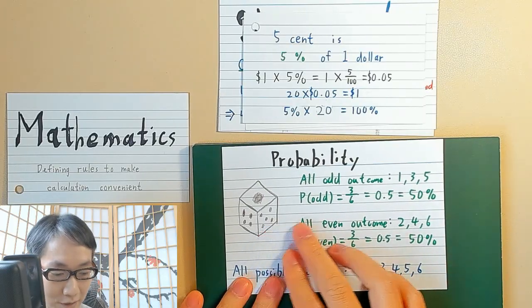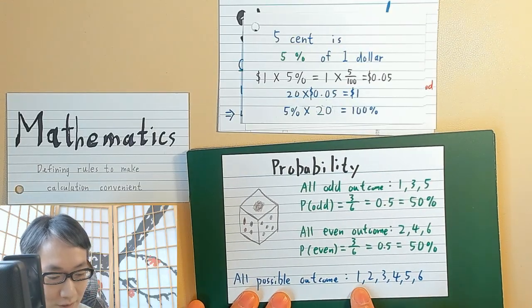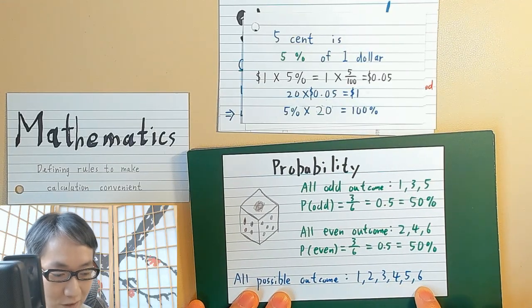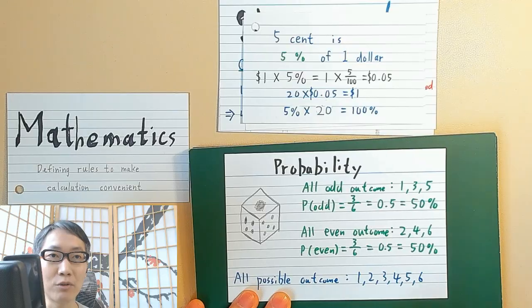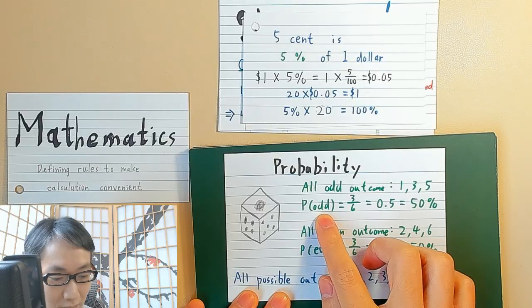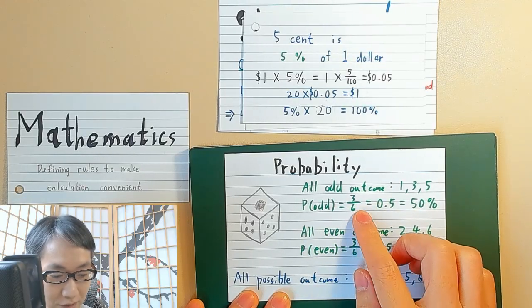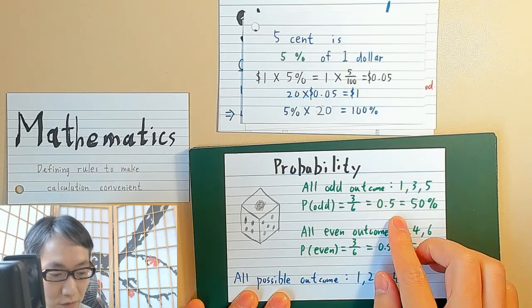It's an ideal die. So we have 6 outcomes: 1, 2, 3, 4, 5, 6. So 3 of them are odd numbers and 3 of them are even numbers. So the probability that we roll an odd number theoretically will be 3 out of 6. So 3 over 6 is 0.5.